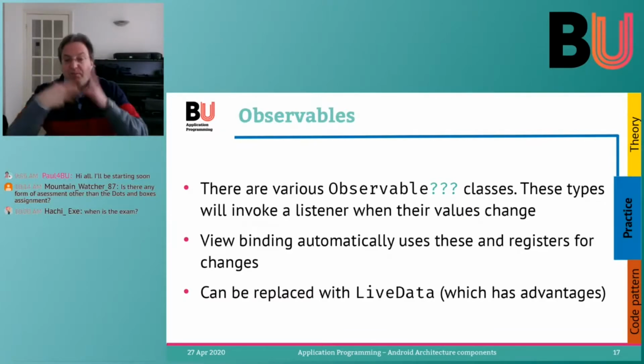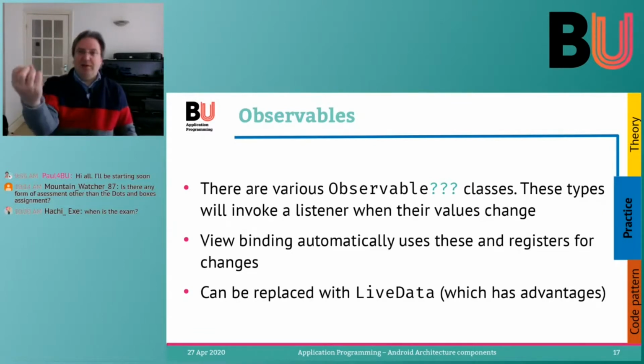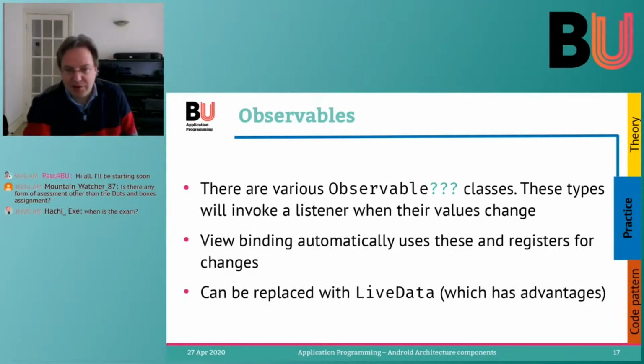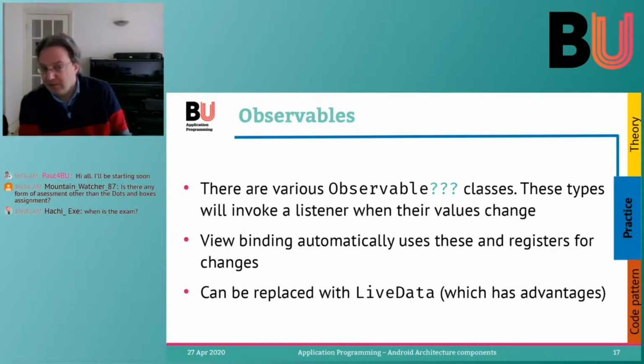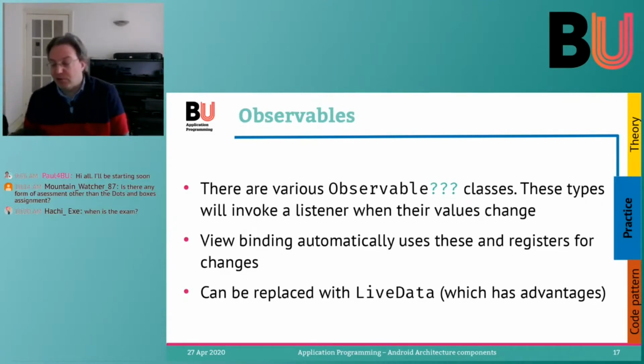Data binding knows about these types, so if you set a property to an ObservableString, it says, okay, I know this is a special thing, so it will register itself to observe that object and update the actual set value. It will get the values out of the observable to actually use.